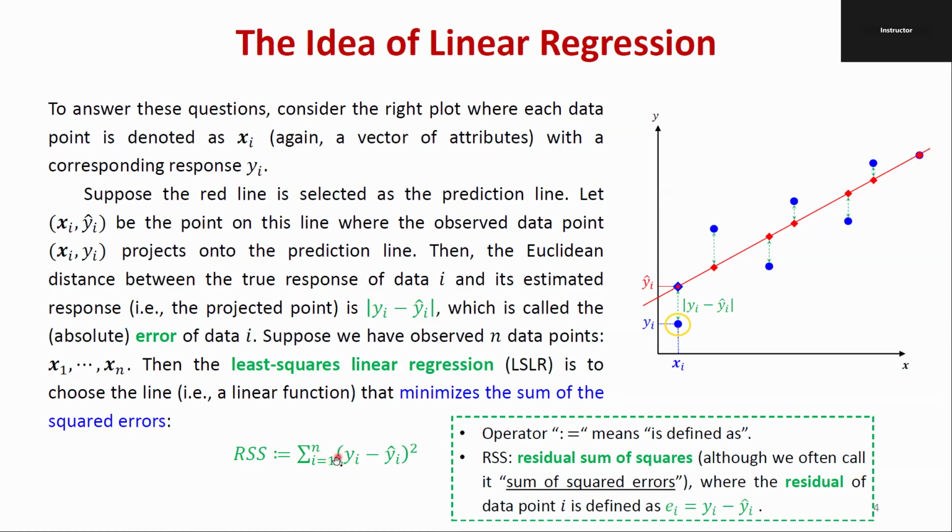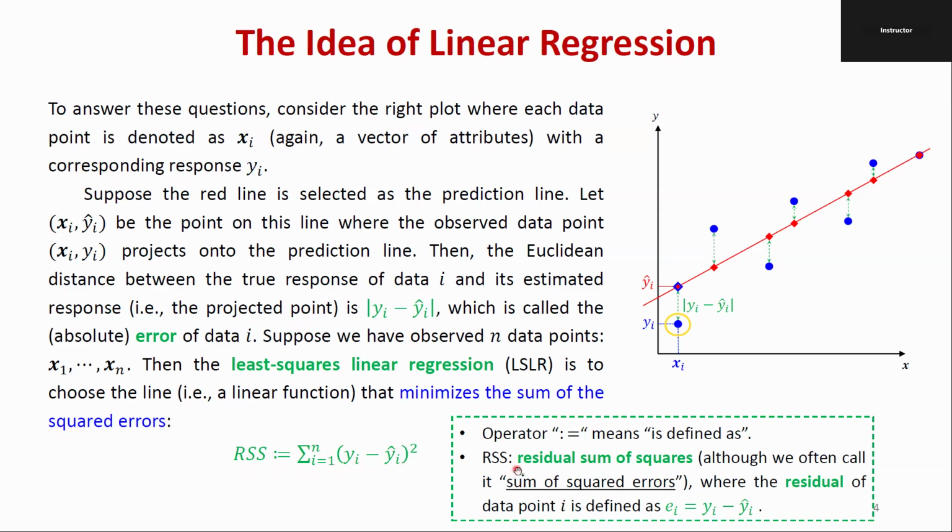We typically call this yi minus yi hat squared. The sum means we need to have the sigma, but only yi minus yi hat squared is the squared error. Or you can also call it RSS, which is the residual sum of squares. Typically I just call it squared error.